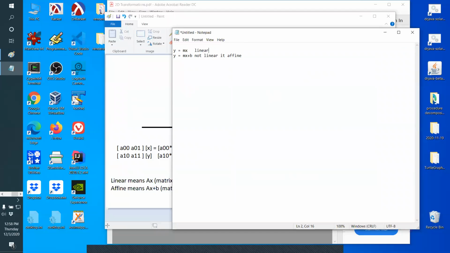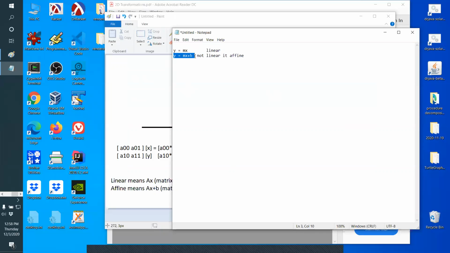If you want to generalize to what we're doing in linear algebra, this is the linear equation and this is the affine equation. This is a line through the origin. This is an arbitrary line. For some reason, the name stuck that this is the linear equation.